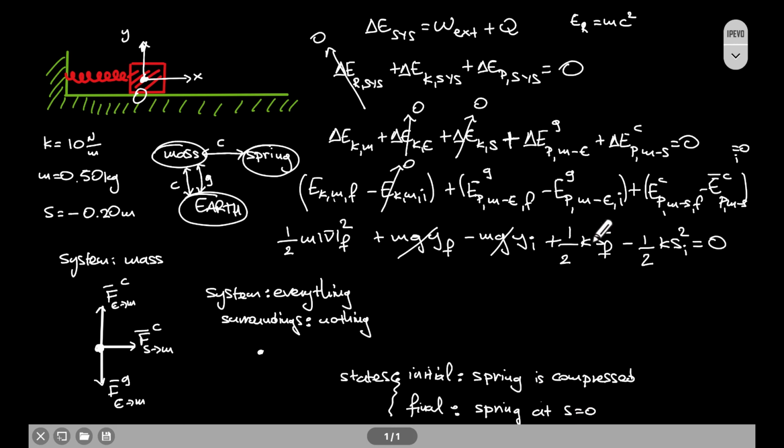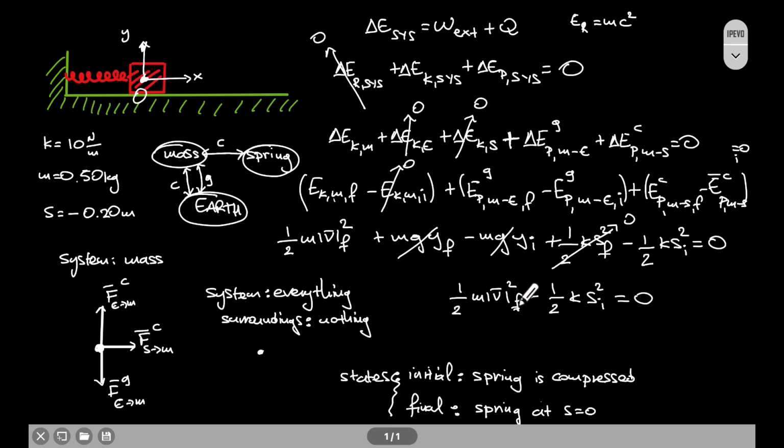So this is true in the final state, and if I plug in a 0 for s final, the whole term goes to 0. So what I have left is only two terms: 1/2 m v squared final minus 1/2 k s initial squared is equal to 0.